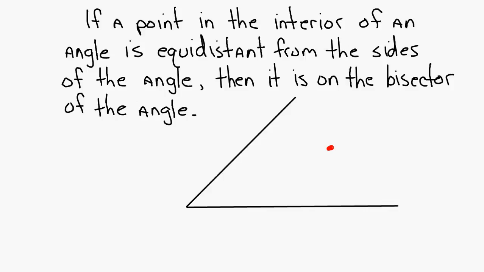So if we measure the distance from this point to the sides, and when we measure it, it's got to be a segment perpendicular to the sides. And if these two pieces are congruent to each other, if a point in the interior of an angle is equidistant from the sides of the angle, well then that point is on the bisector of this angle.